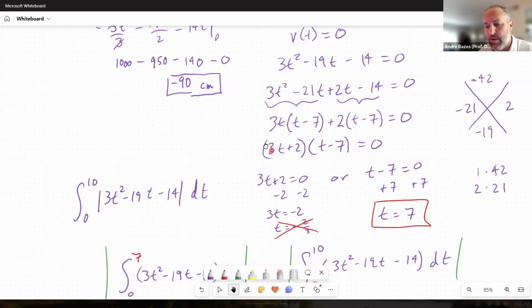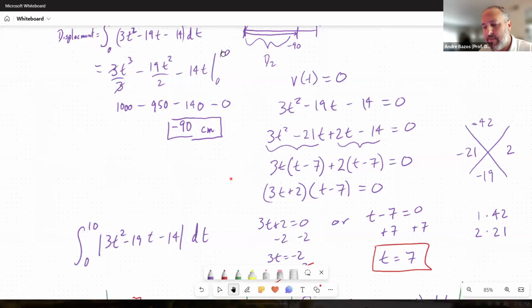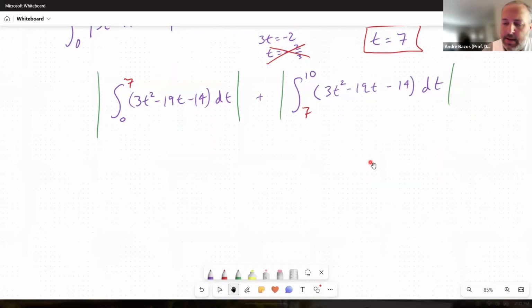So we already did the integral, so that's done, right? t cubed minus 19 halves t squared minus 14t.